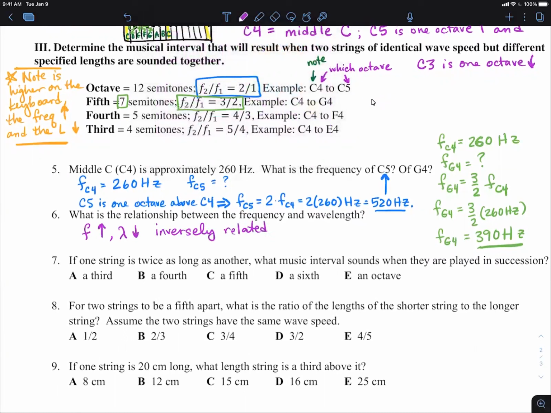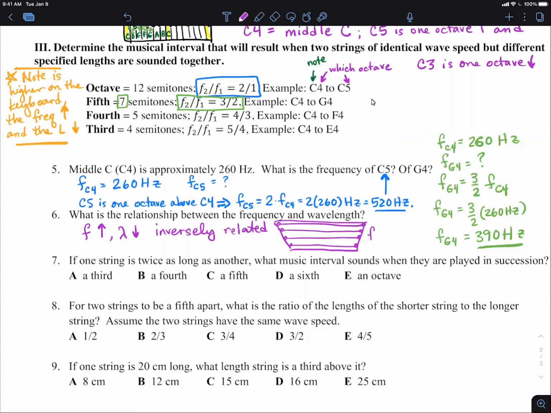I want you to consider what's called a lap harp. It's kind of the easiest way to think about these next questions. You have little pegs here, and then you have strings across it like this. Those are fixed strings, right?